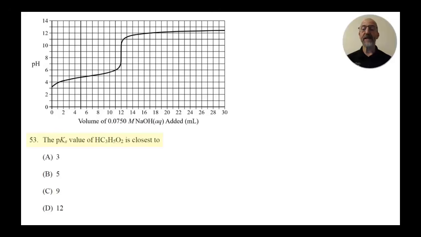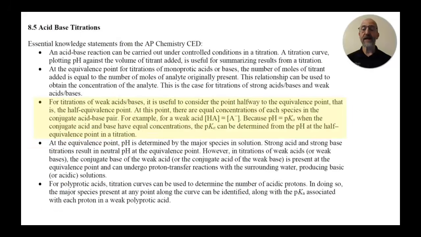It says the pKa value of propanoic acid is closest to, and we see 4 numerical choices. Now in topic 8.5, acid-base titrations, it says at the half equivalence point, there are equal concentrations of HA and A minus, so the weak acid and the conjugate base, and so pH equals pKa at the half equivalence point in a titration.